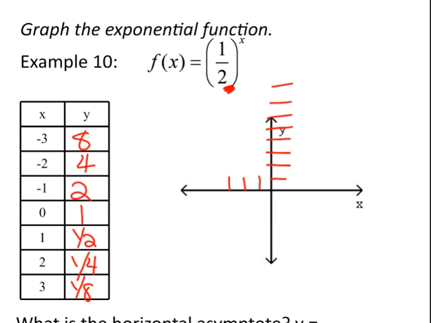This time we're doing -3, 8. -2, 4, which will be right about here. -1, 2. There's that (0, 1) again. And 1, 2, 3. I get closer and closer and closer to the x-axis, but I do not cross it. So I have a horizontal asymptote again at y equals 0.